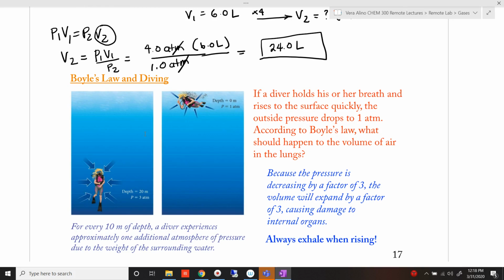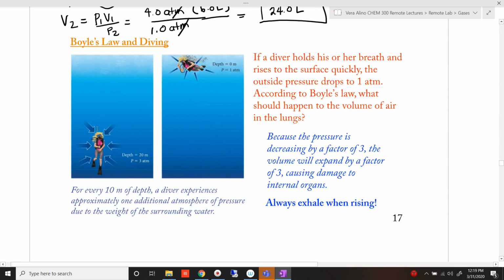They always say that when you're trying to resurface, you always have to exhale. It's kind of counterintuitive because some people like to keep some air in as reserve while they surface up. That's really a no-no when it comes to diving, and Boyle's law will explain why.